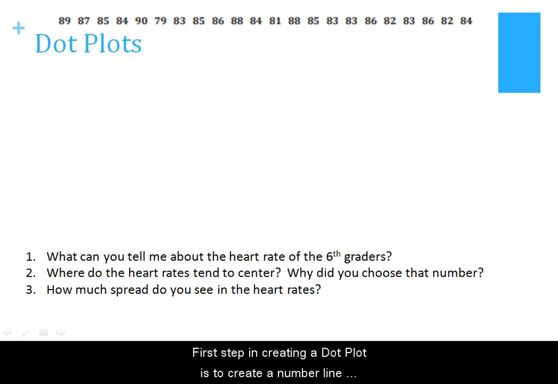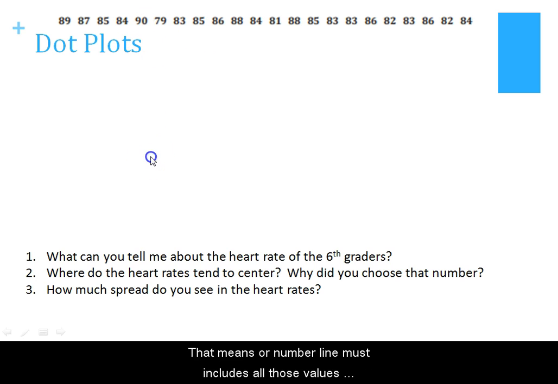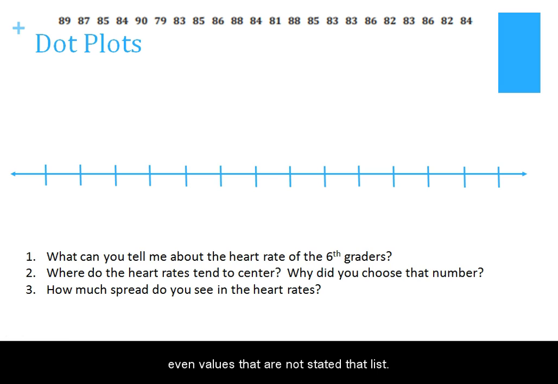The first step in creating a dot plot is to create a number line that contains all the available data values listed in this set. You can take a look at the values that were listed for the heartbeats per minute. Our lowest value is 79, while our highest is 90. That means our number line must include all those values, even values that are not stated in that list.